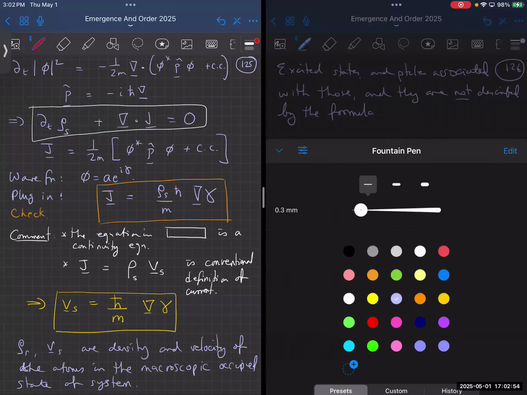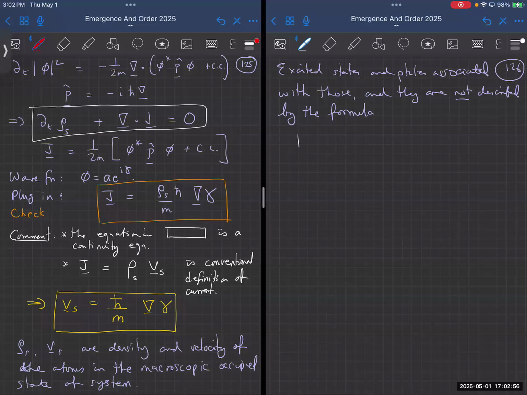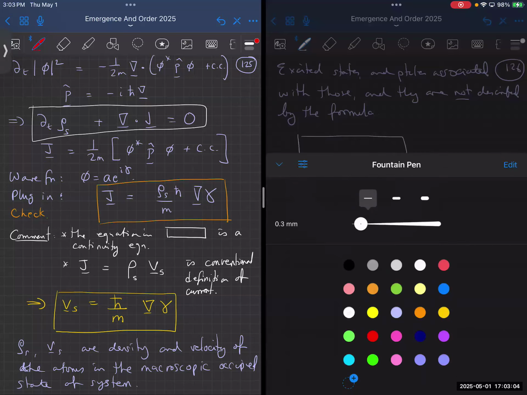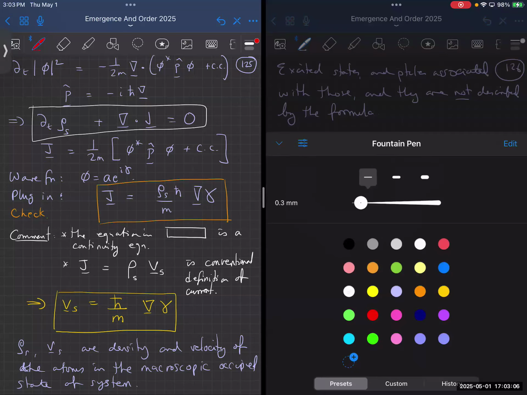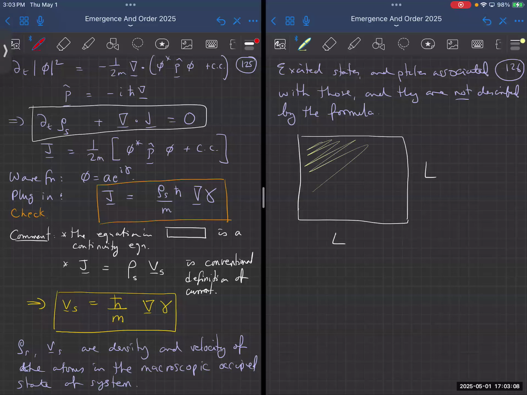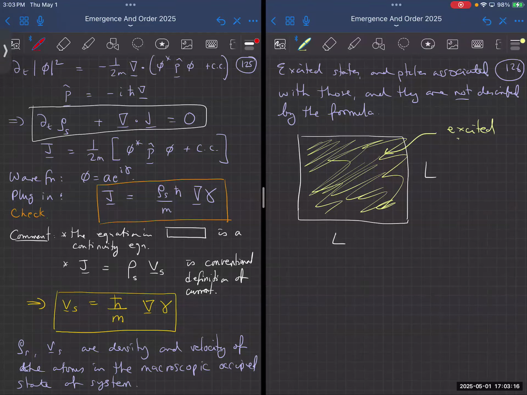So if I were to think of my physical system, it looks like this. Here's my L by L box, and it has in it particles, which I'm drawing in yellow. These particles that I'm drawing in yellow are the excited states.